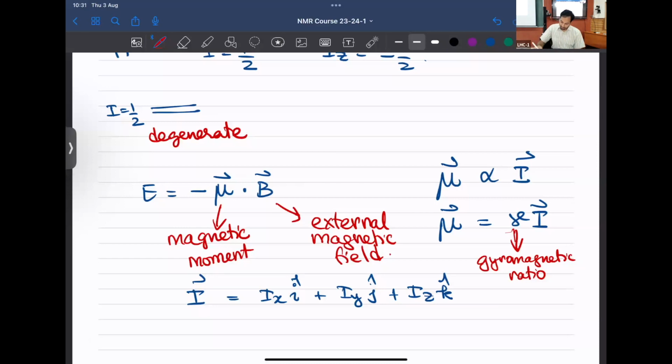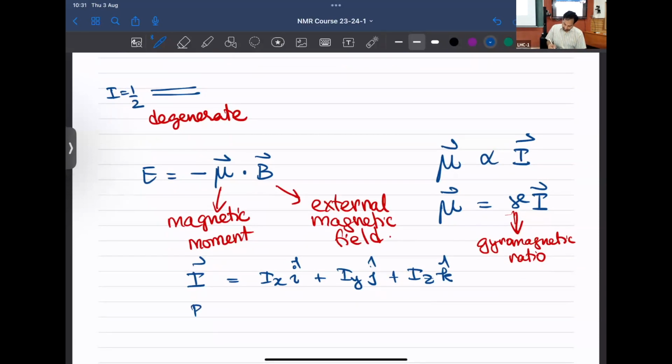Correct? So the magnetic field that we are trying to apply, let's assume that we apply along one axis. Basically you have 0 times I, you don't apply along the X or Y axis. Let's say you apply along the Z axis. Then you might ask, what's a Z axis and what defines a Z axis? Whichever direction you apply the magnetic field becomes the Z axis. We can always have a frame of reference and we choose the direction of the external magnetic field to be the Z axis, and the magnitude of the field that you're applying is given as B naught.